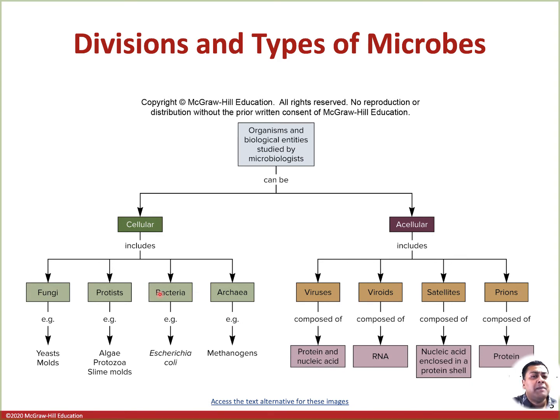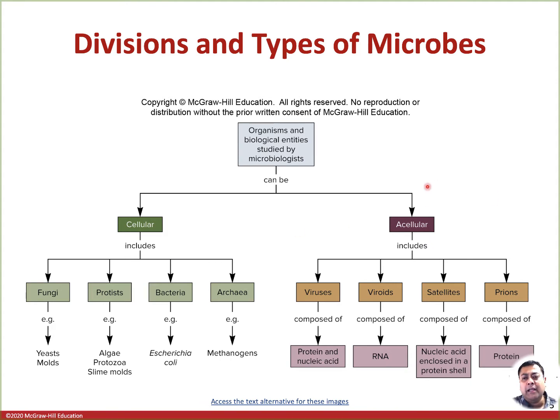So the Archaea, bacteria, protists, and fungi are the cellular entities which have either a very primitive or a very well-developed type of cellular structure. But often they don't have an extremely well-developed differentiated tissue like in higher organisms, and that's one of the common things that they have.